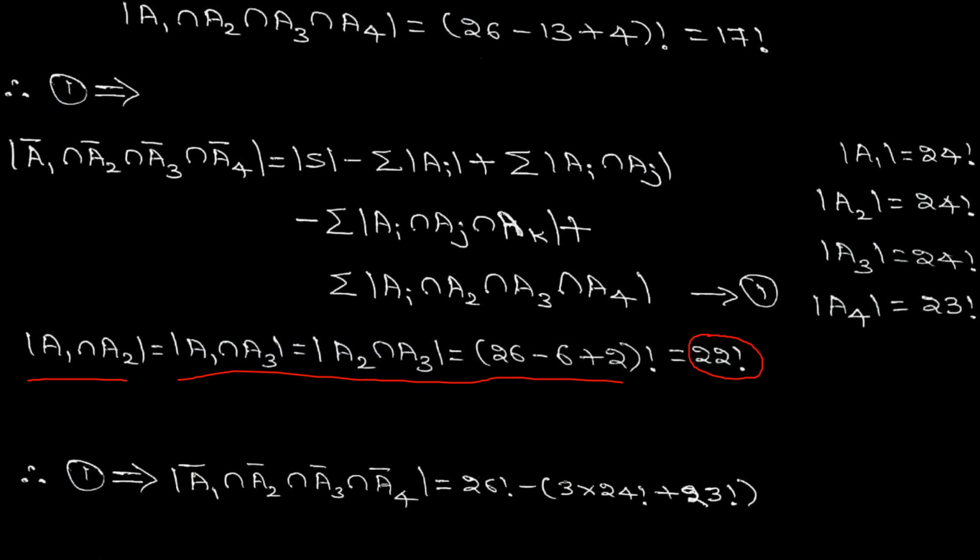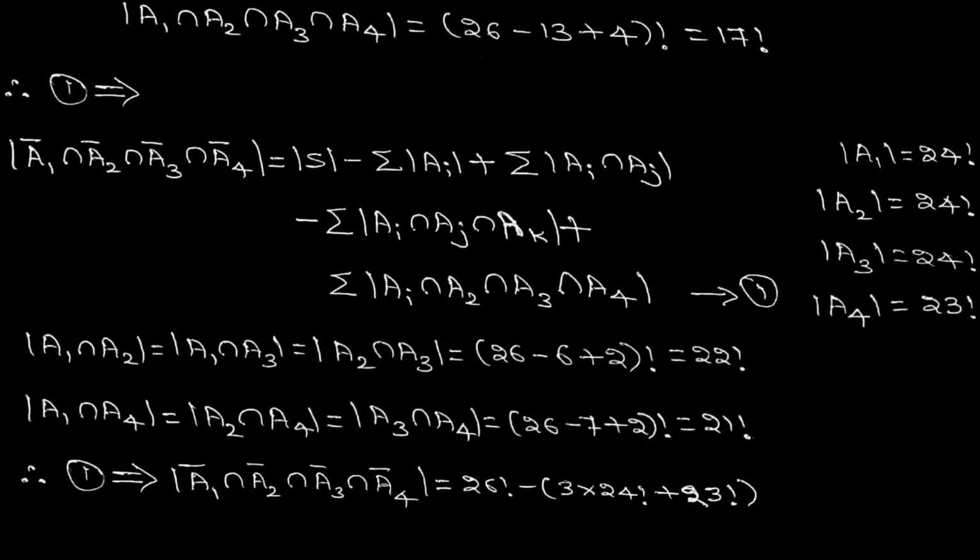That means this 22 is repeated 3 times, so we can write 3 times 22 factorial, and 21 factorial is repeated again 3 times, so we write 3 times 21 factorial. So we have done 3 times 22 factorial plus 3 times 21 factorial.